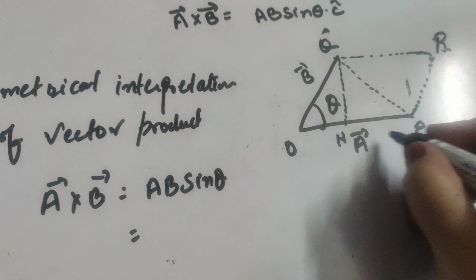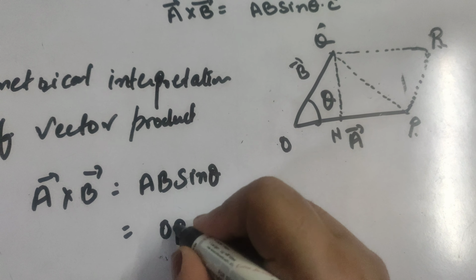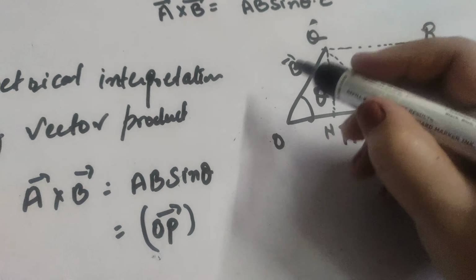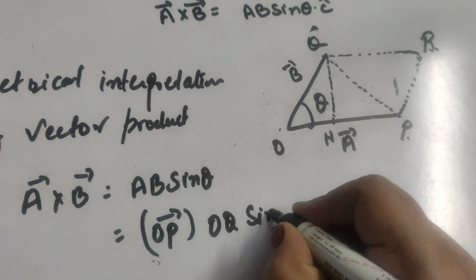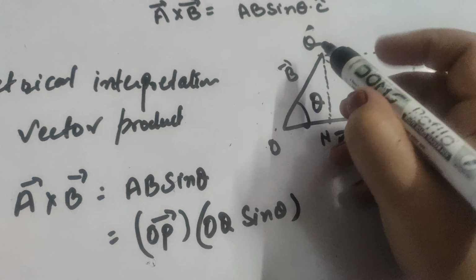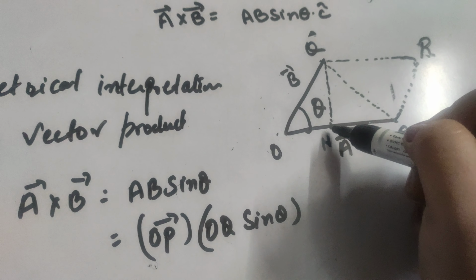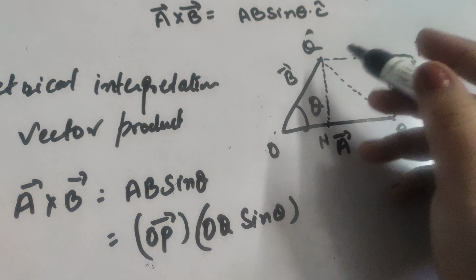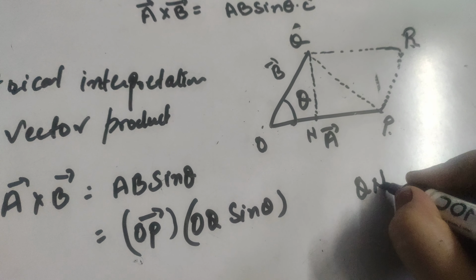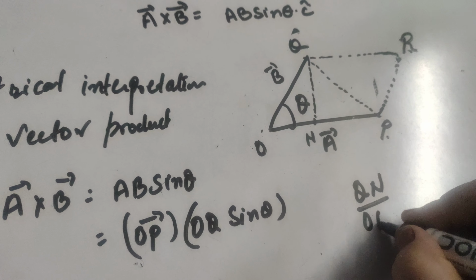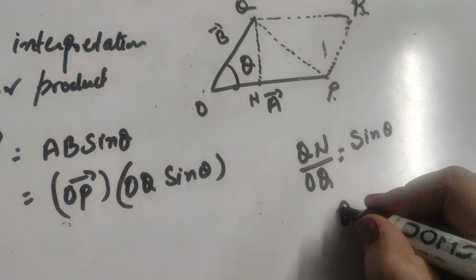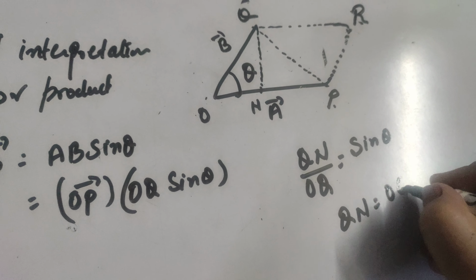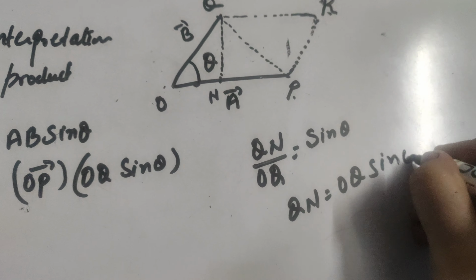Now A is represented by OP, and B is represented by OQ sine theta. Now in this right angle triangle ONQ, right? So this QN perpendicular upon hypotenuse OQ is equal to sine theta. So this QN is equal to OQ sine theta.